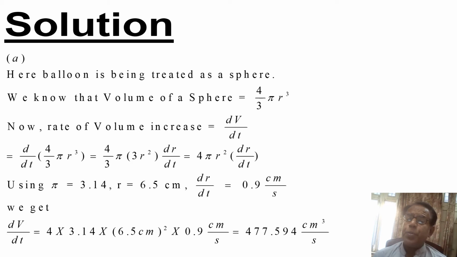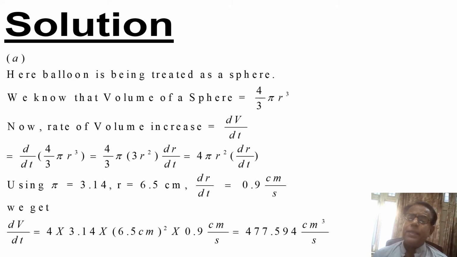Solution. Part A. Here the balloon is being treated as a sphere. We know that the volume of a sphere is equal to 4/3 pi r cubed. Now, the rate of volume increase is equal to the derivative of V with respect to time, that is dV/dt, which is equal to d/dt of 4/3 pi r cubed.